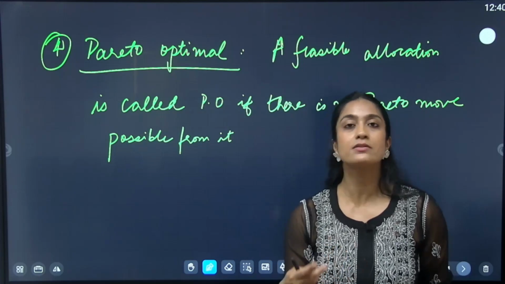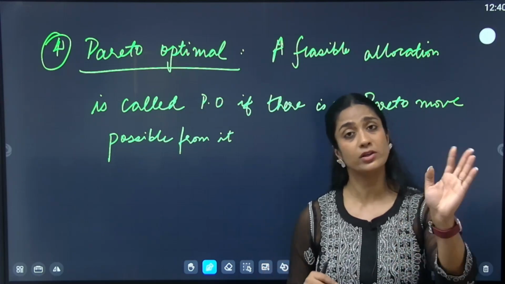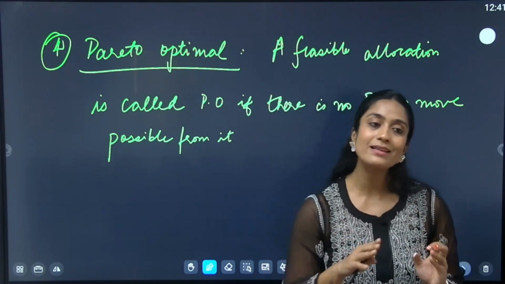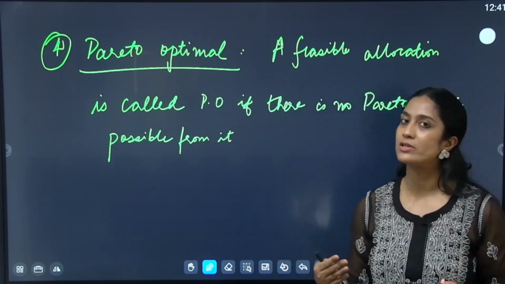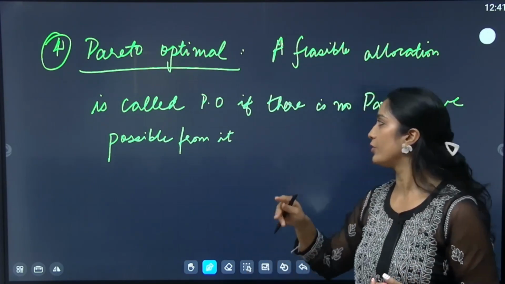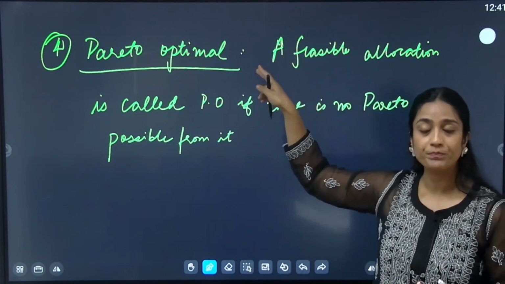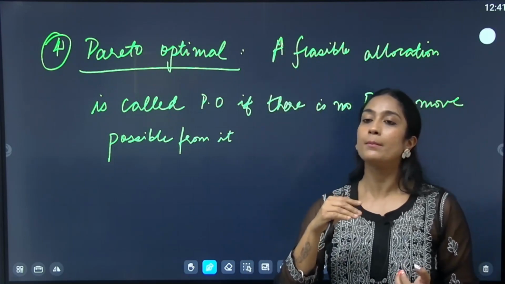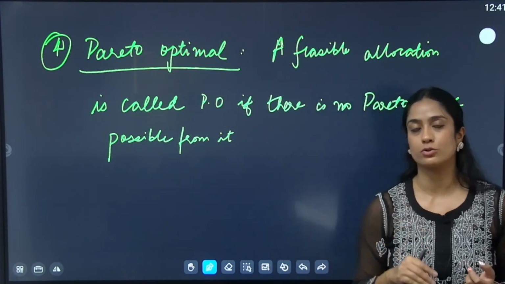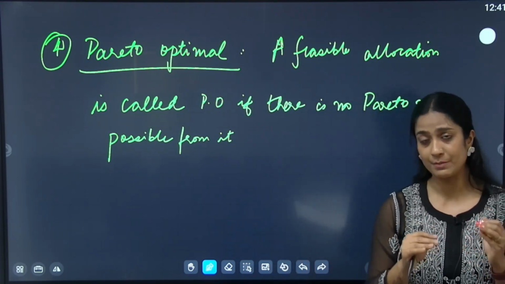If Fiza stays the same, then it's actually a Pareto move. So if there is no Pareto move possible, then any move from this allocation means that at least one of them is worse off.